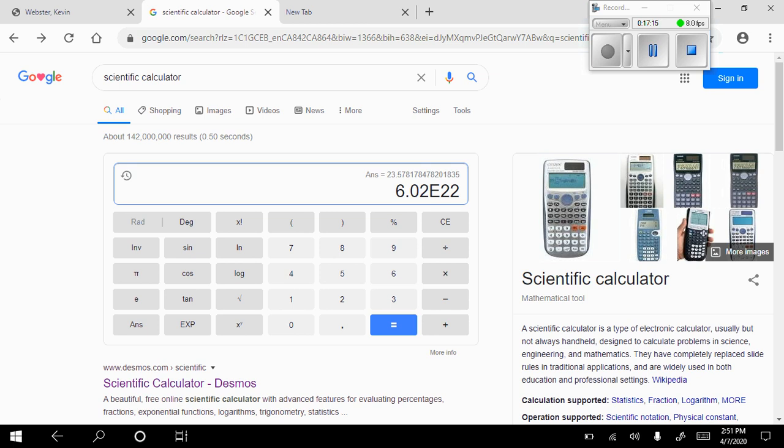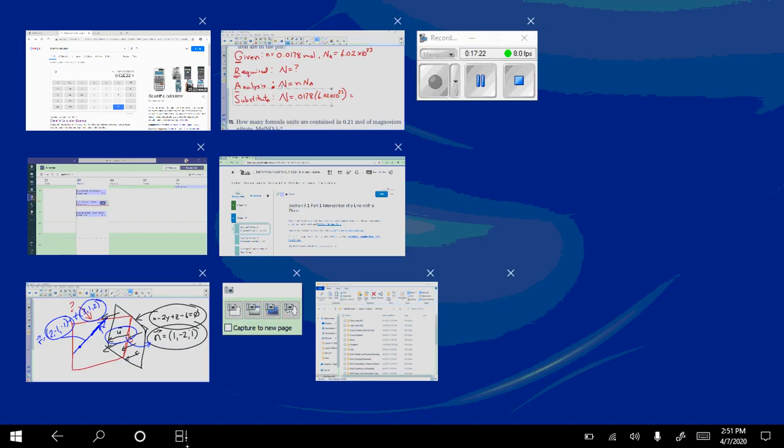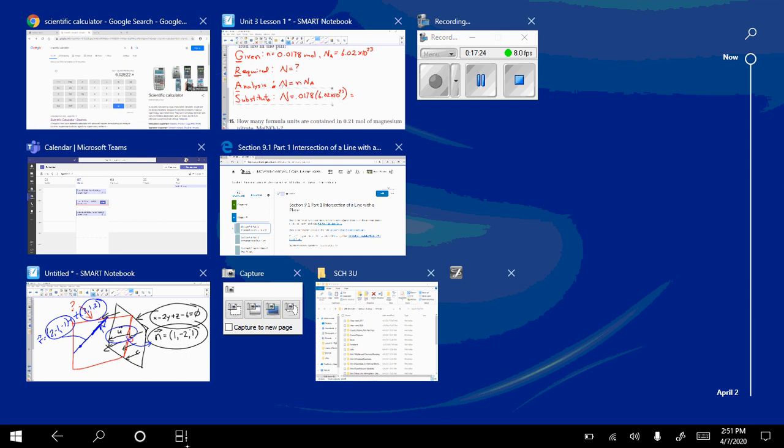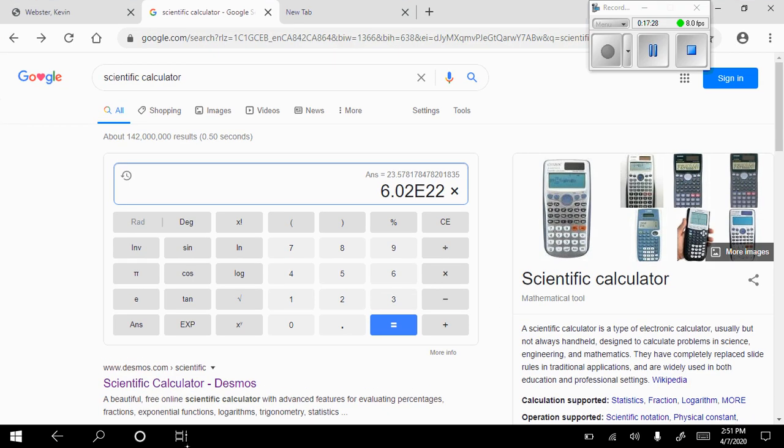I just put 6.02 EXP 22 times, and I forget what the other number is, so I'll quickly go back and look. It's 0.0178. And so I'll go times 0.0178 equals, and I get 1.071, and look what it shows me.